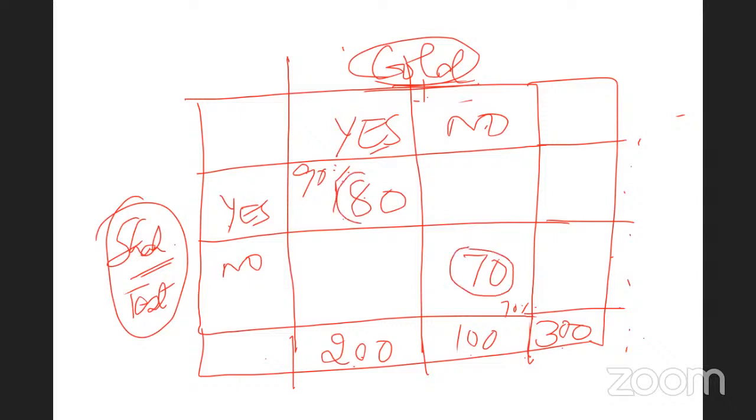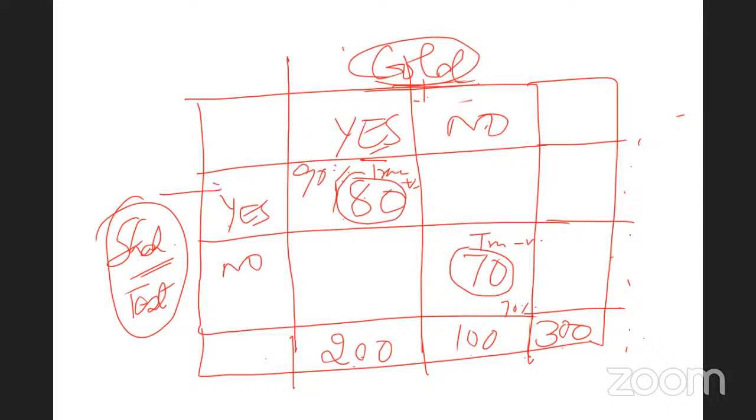This is sensitivity. Now, this is also known as true positive. This is also known as true negative. Now come the other words, false positive and false negative. Very simple. Falsely labeled as positive even though they were negative.